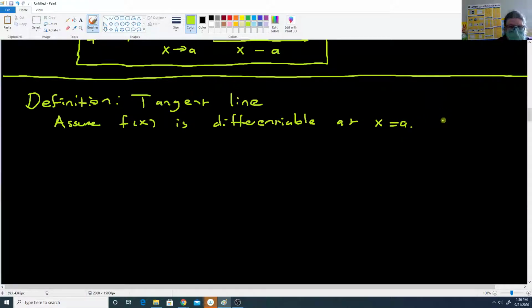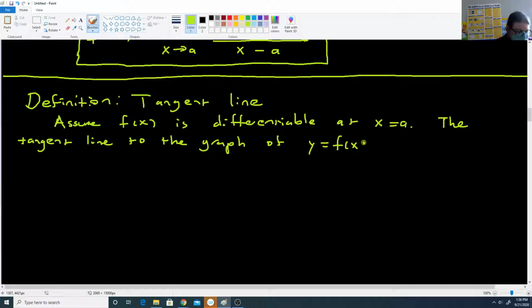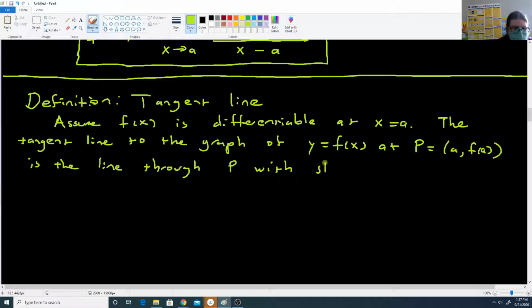The tangent line to the graph of y equals f of x at point P, which equals a and then the y value corresponding to a, is the line through P with slope f prime of a. So the slope is the derivative of the function at the point a.